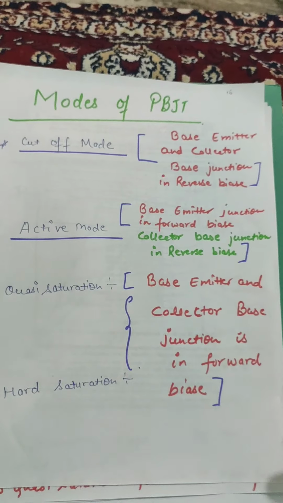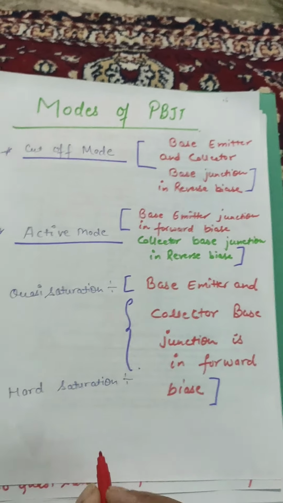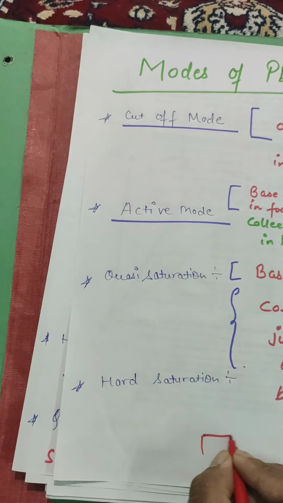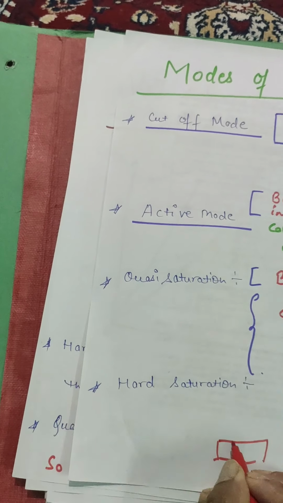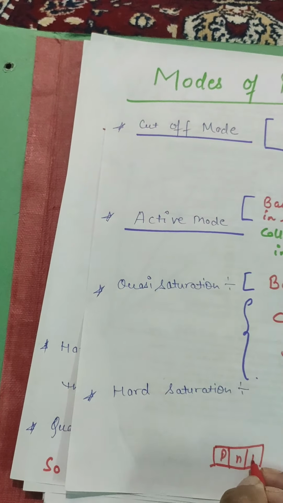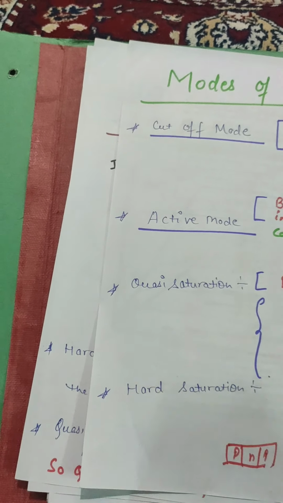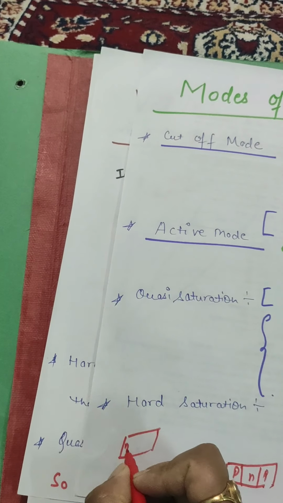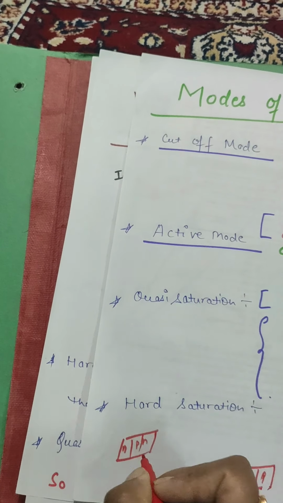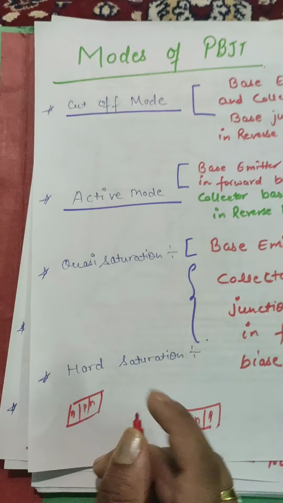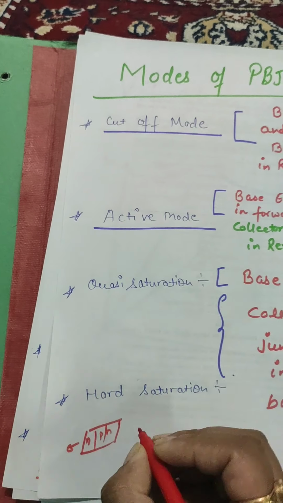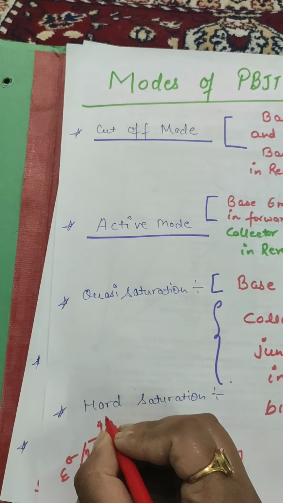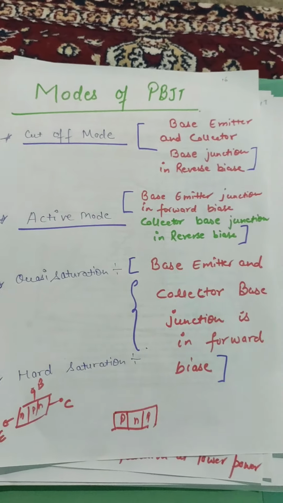Let us take an NPN transistor. This is emitter, base and collector.